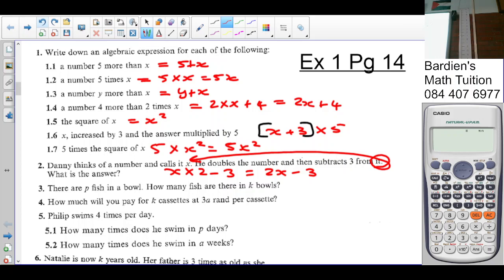If there are P fish in a bowl, how many fish are there in K bowls? Okay, so if this was 2 and that was 3. If there are 2 fish in a bowl, how many fish are there in 3 bowls?